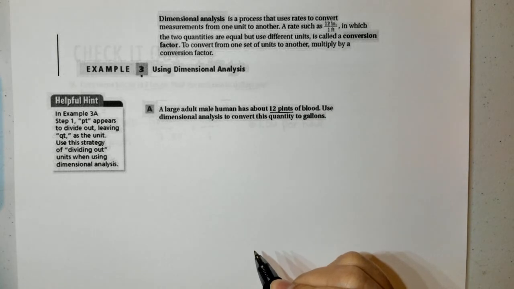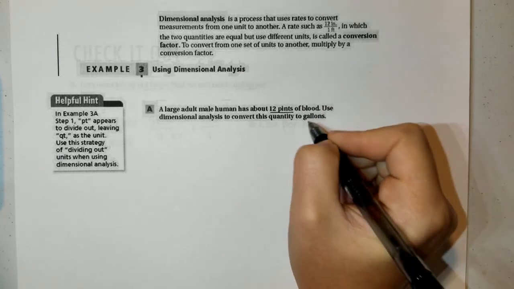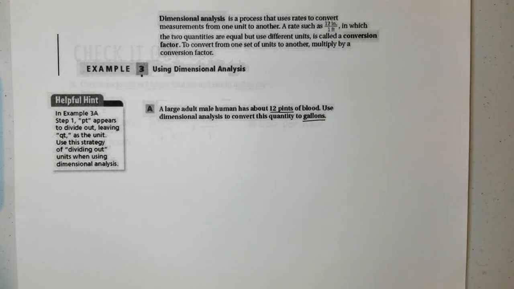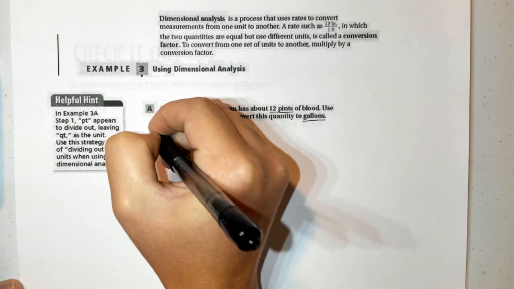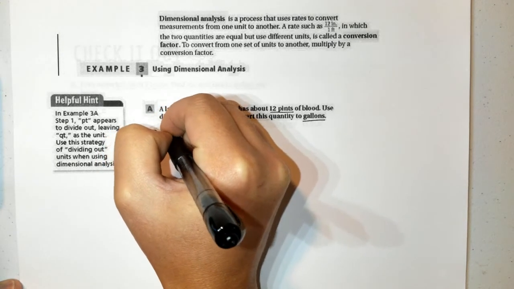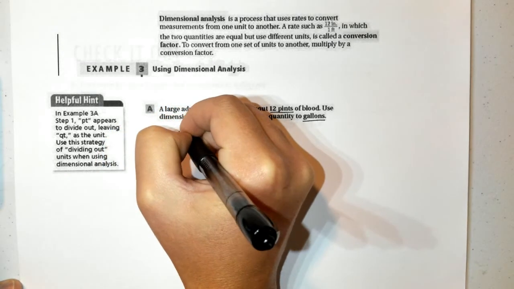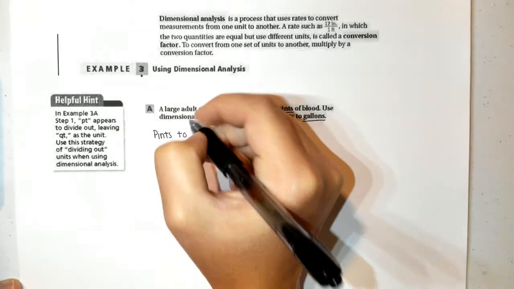Use dimensional analysis to convert this quantity to gallons. Okay, so first, we're going to have to do a couple of steps here. If you know how many pints are in a gallon, you can go right there. But if not, I'm going to first go from pints to quarts.